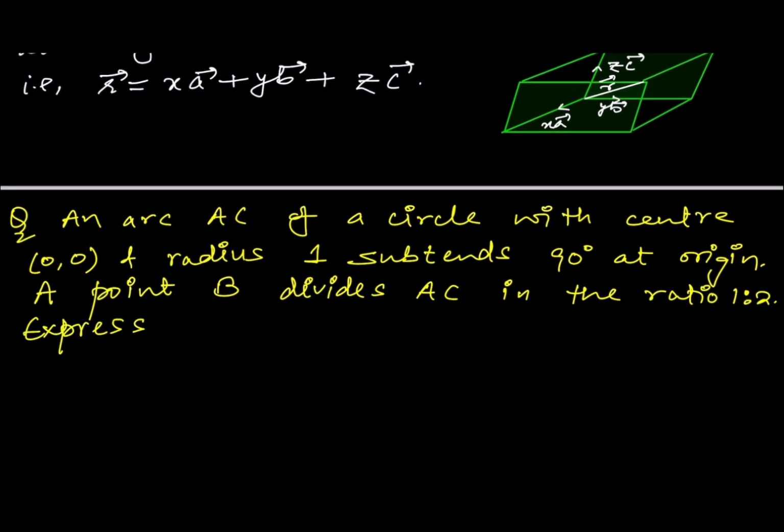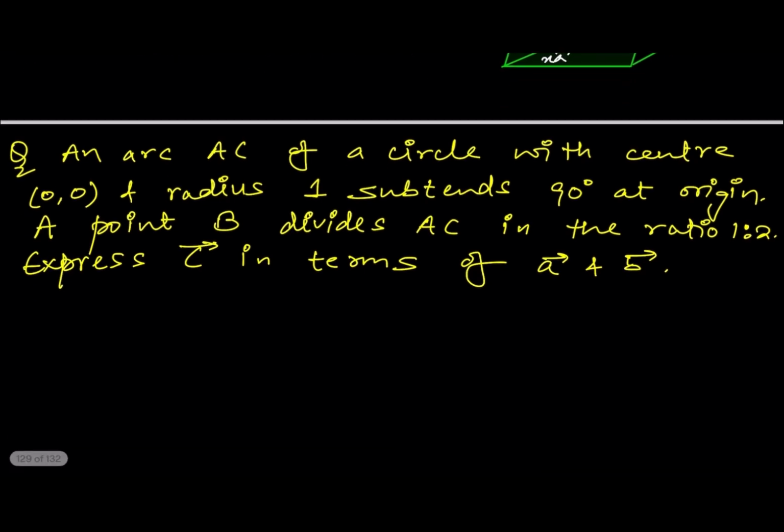Now express vector C in terms of A vector and B vector, where A vector, B vector are the position vectors of point A and point B, and C vector is the position vector of C, right? So I have not written this, but you can understand, or you can write in your notebook.